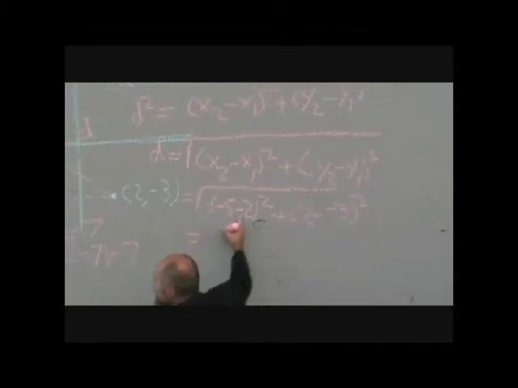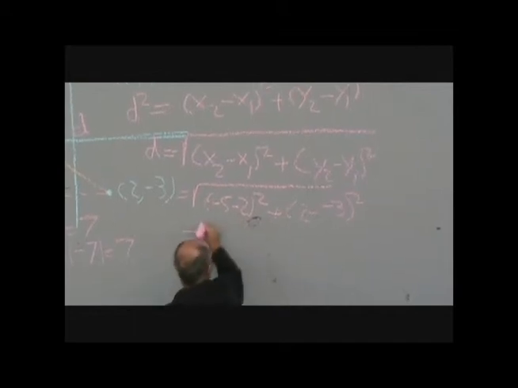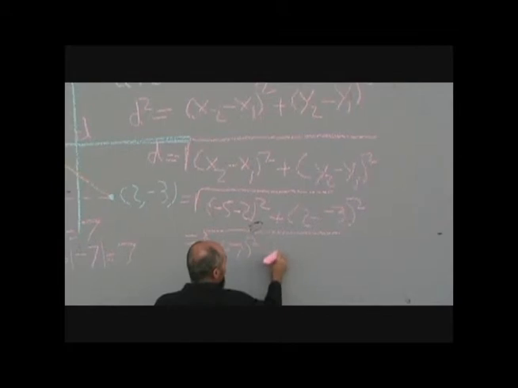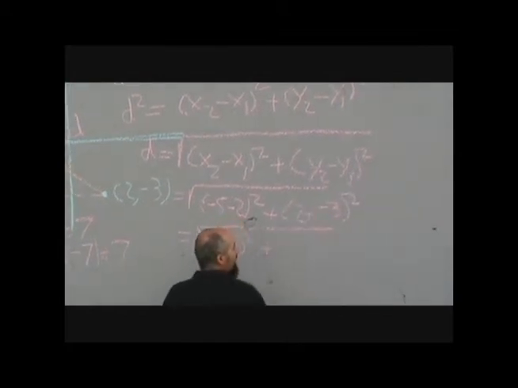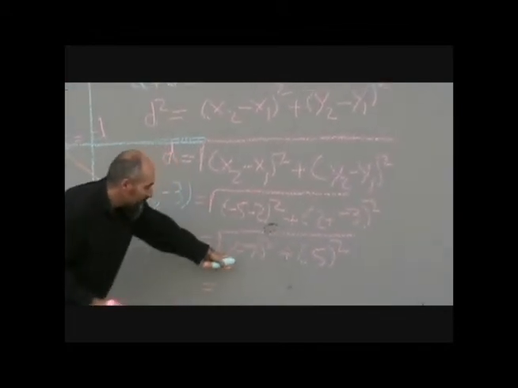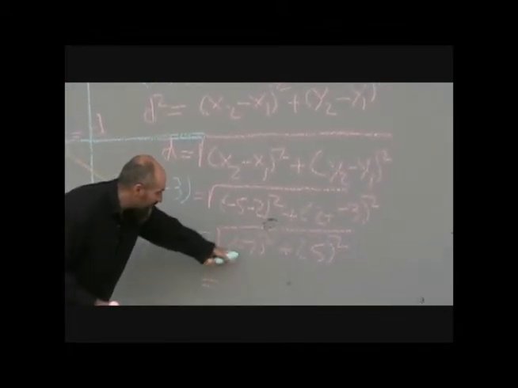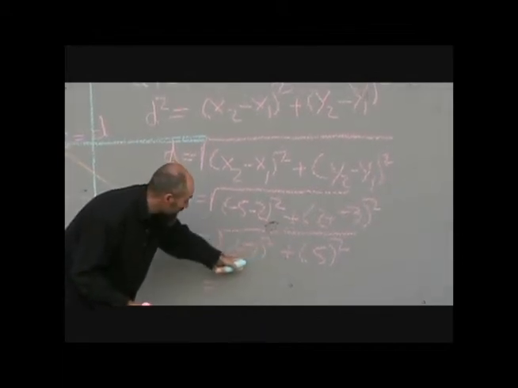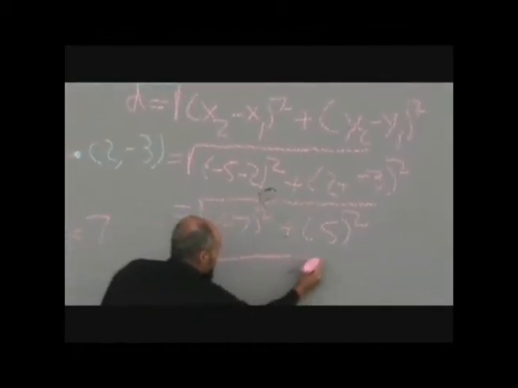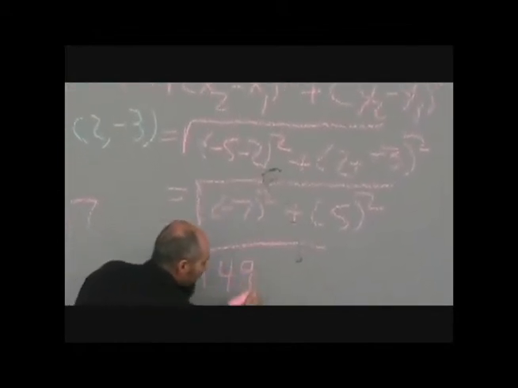Negative 5 minus 2 is negative 7, squared, plus negative and negative becomes positive, 5 squared. I just stated that you can't have a negative distance, but it doesn't make a difference because when you square it, a negative times a negative is positive. So negative 7 squared is 49, plus 5 squared is 25.